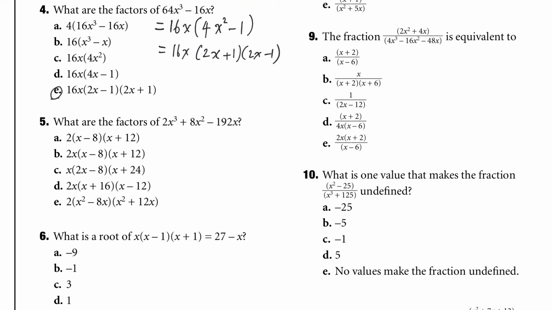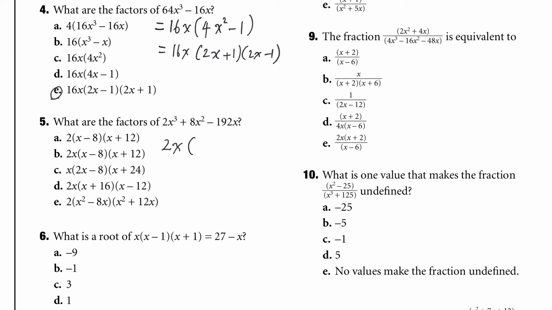What are the factors of 2x cubed plus 8x squared minus 192x? As I said again, you always want to look for common factors first. In this case, 2 goes into all 3 coefficients. And then I can also factor out x.